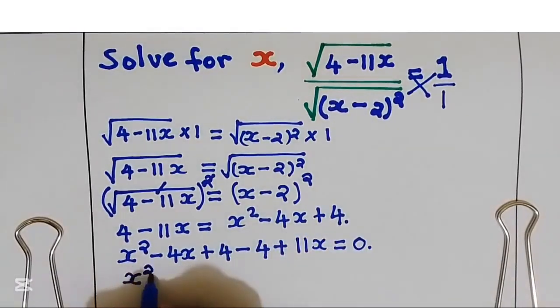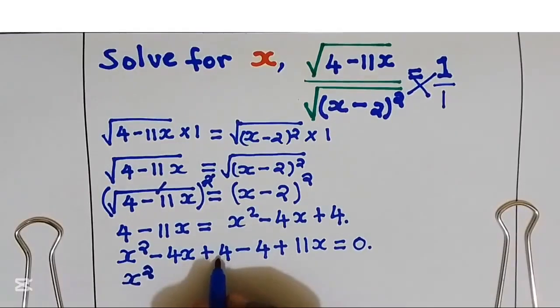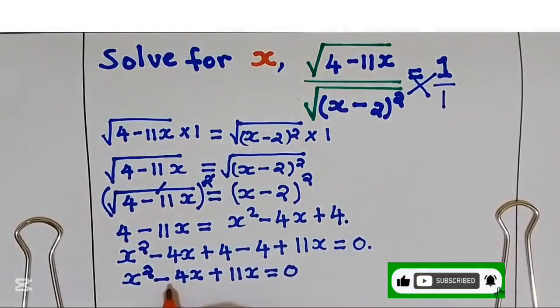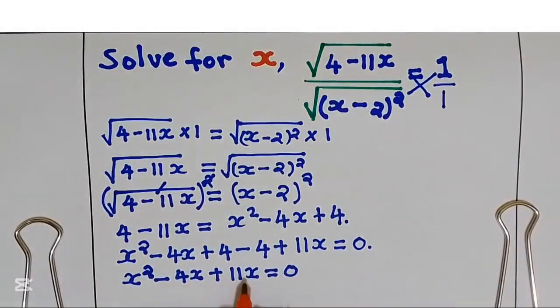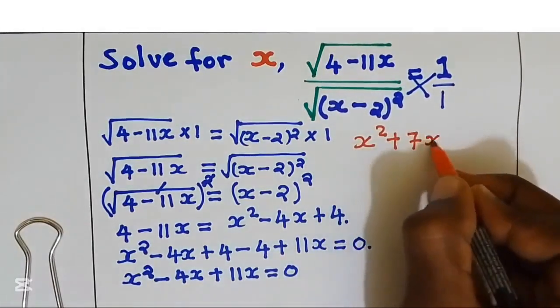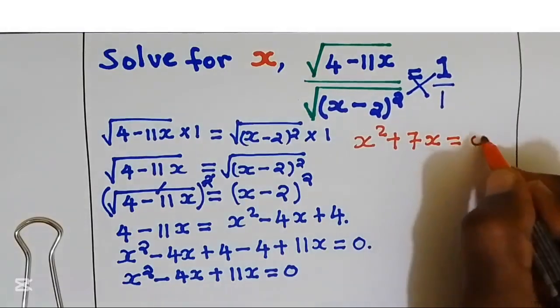X squared plus 4 minus 4 is 0. Minus 4x plus 11x, we get 7x. So x squared plus 7x is equal to 0.